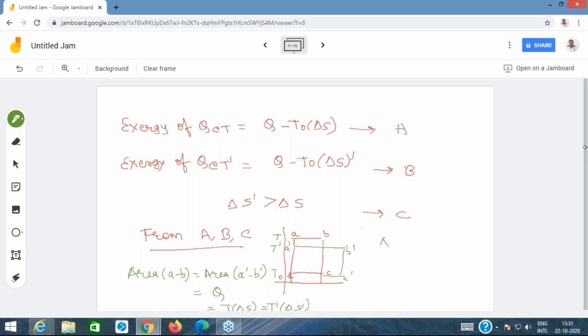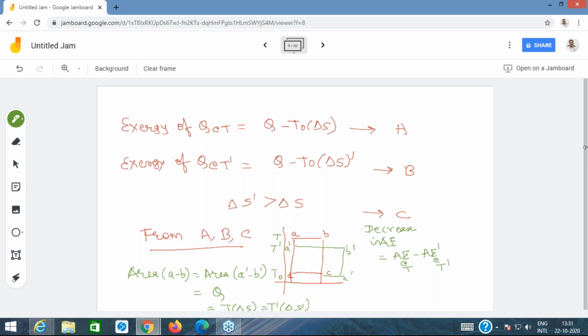Available energy has decreased. Decrease in available energy would be available energy at T minus available energy at T dash.